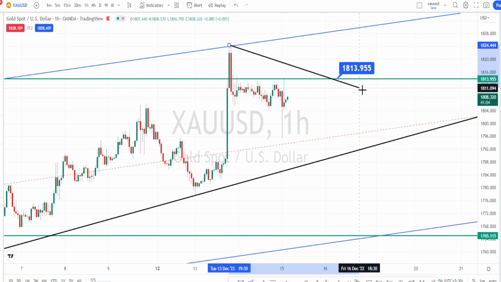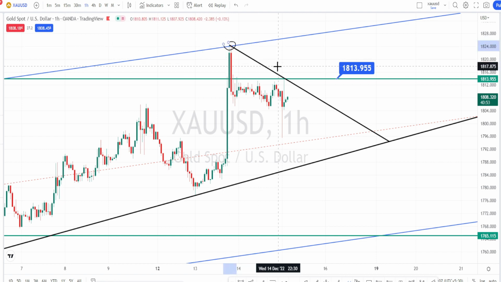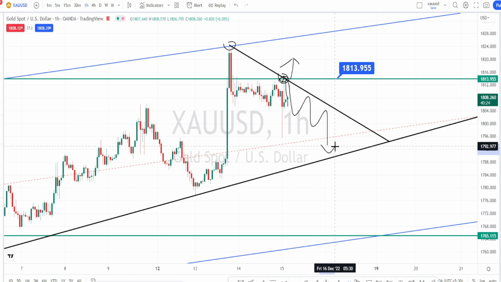Or to make the entry much easier, I would recommend you to draw a resistance line connecting these highs of the past price action, and once the price action breaks this resistance line, you can freshly enter on the bullish side trade. And as long as the price action is trading below this resistance line, we can expect the bearish side retracement to continue in hourly time frame also.